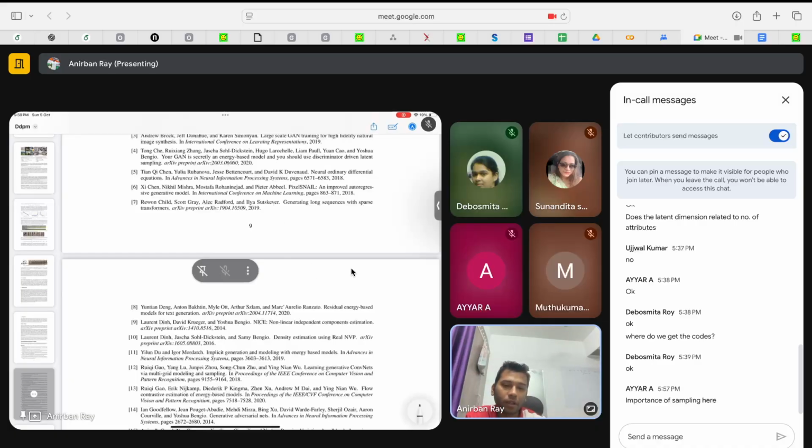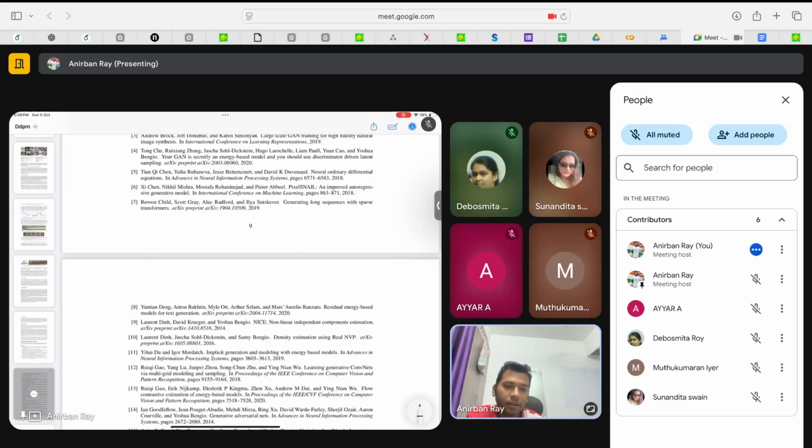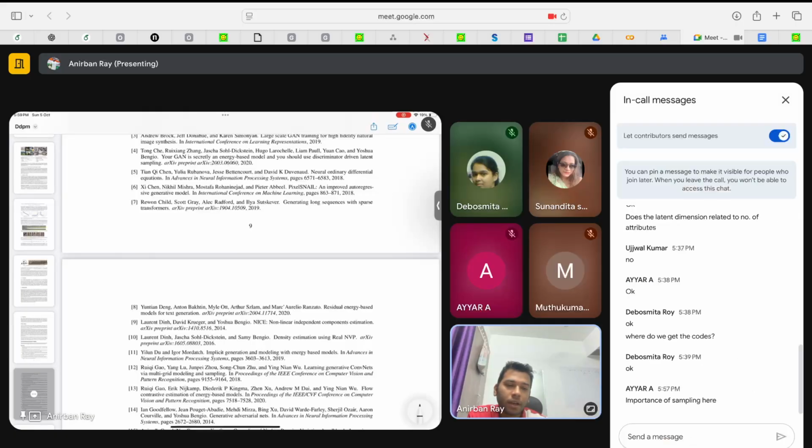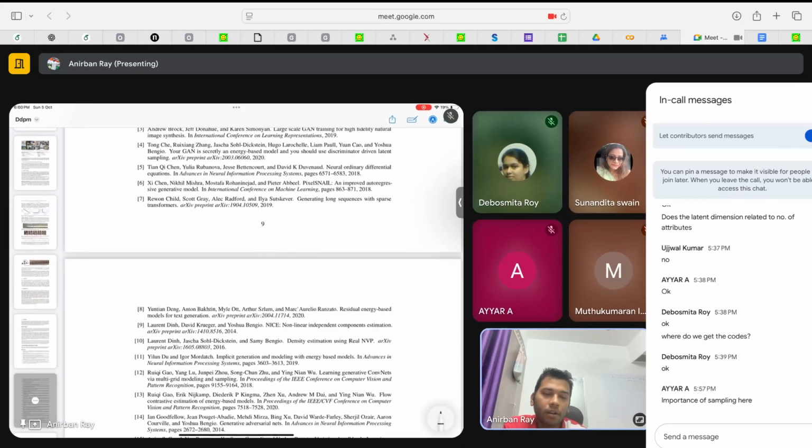It cannot be so clear if you're silent. Devosmita, Muthukumaran, Sunandita. Any doubt? Other people have left.